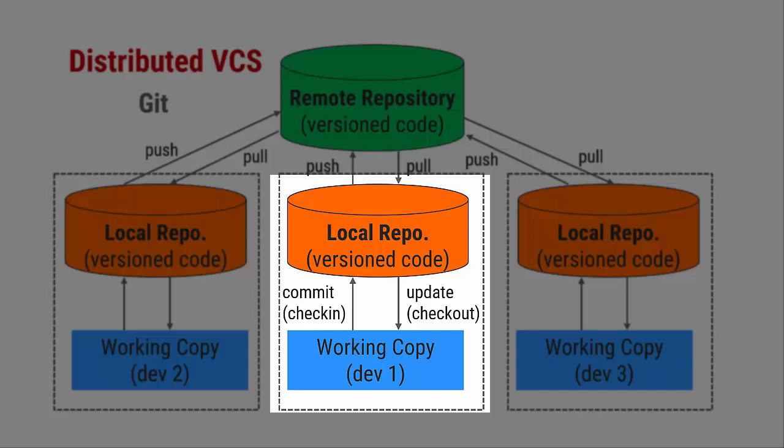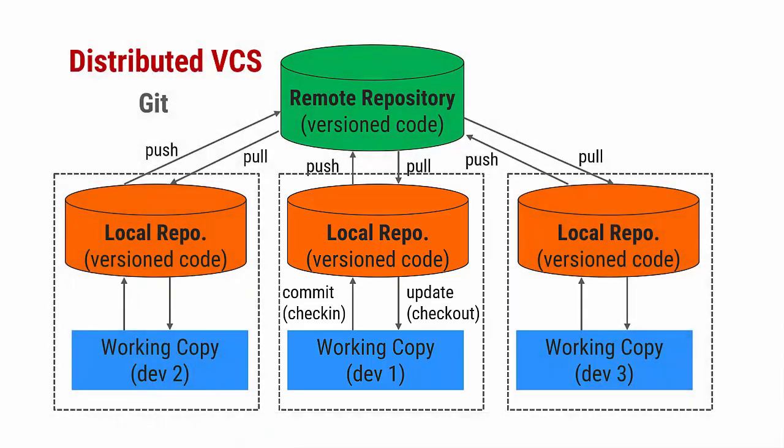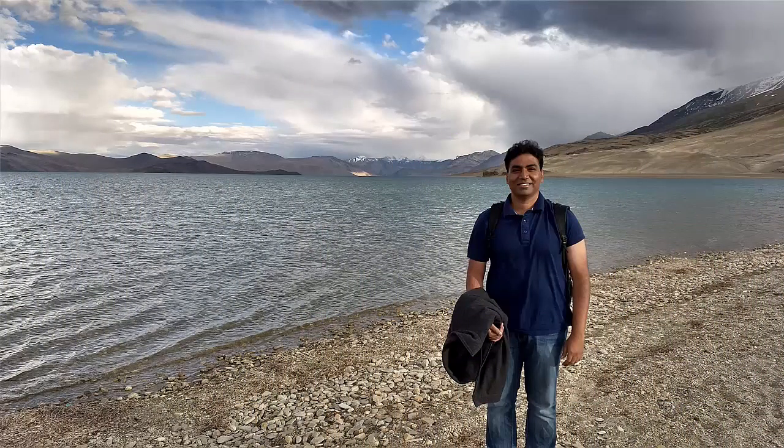And when you get access to the internet, you can push your changes from the local repository into the remote repository. So if you are on a vacation in some hills up there, and if you have limited internet connection, and if you have a wonderful boss who expects you to work during vacation, then you can still make your changes and you can make your series of commits into the local repository.